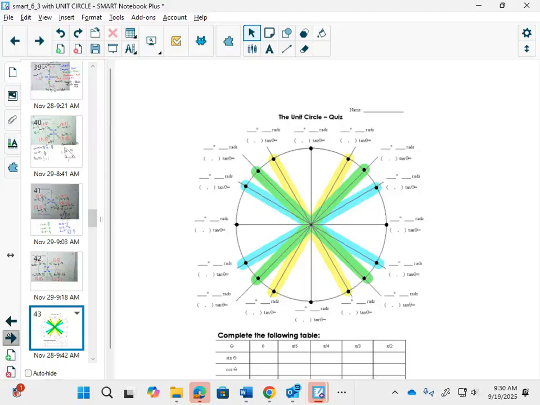You know exactly what's going to be on it. Okay? It is also the only quiz that you are required to get 100% on. So this is a quiz you either get 100% or 0%. There is no in between. You miss one negative sign, your mark is 0. You miss one number, your mark is 0.